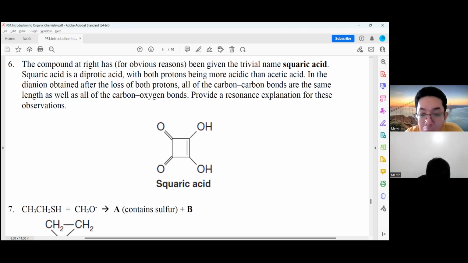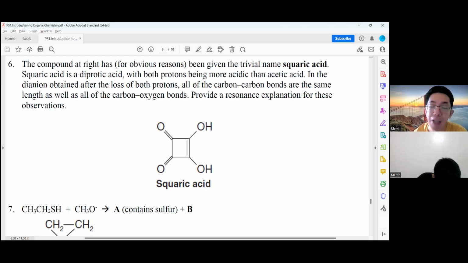So, ayun, no? Kapag natanggal na dyan yung dalawang acidic hydrogen atoms, lahat ng carbon bonds mo ay magiging same length, as well as the carbon-oxygen bonds. So, provide a resonance explanation for this. Pwede mong sagutan yan dito.